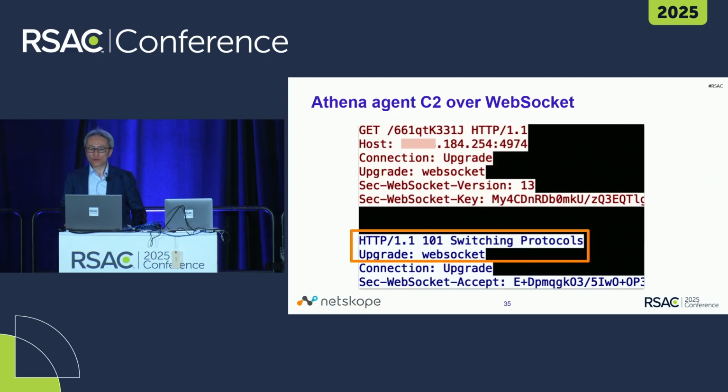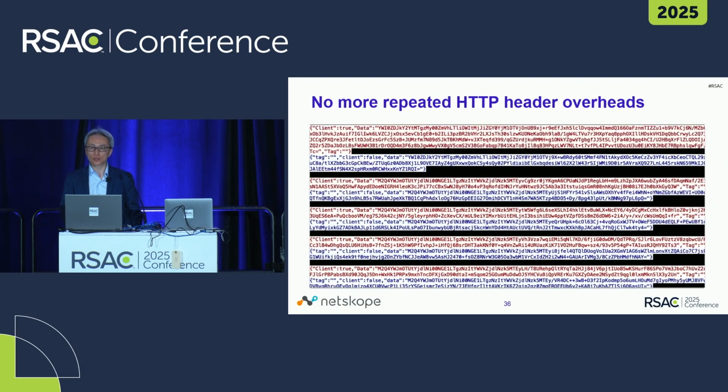The Athena over the WebSocket we earlier talked about, we can tell it used the WebSocket by observing that there's an HTTP 101 switching protocol. The whole connection will become a WebSocket protocol. So once it's upgraded to the WebSocket protocol, the overhead of the repeated HTTP header is gone.